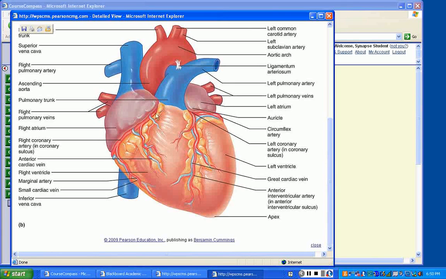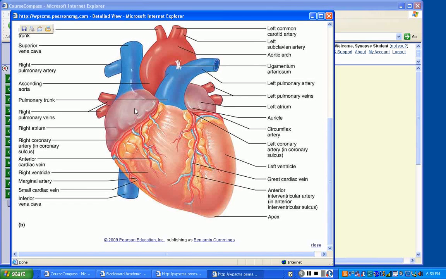The major blood vessel in that groove is called a coronary artery or coronary vein. That's the basic name for those structures. Why coronary? Because those are the vessels of the heart.